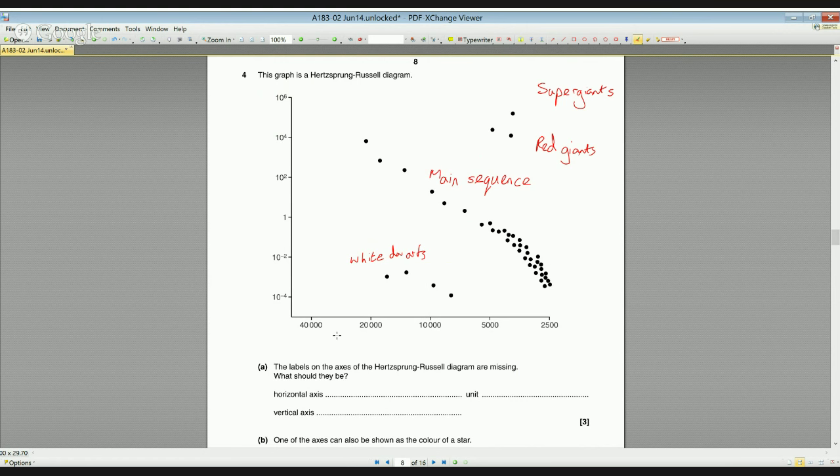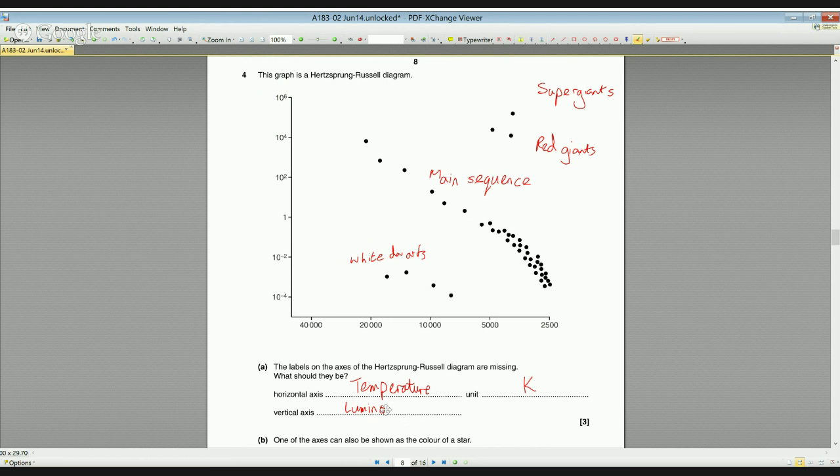Well, the horizontal axis, the x-axis here, is temperature. And it wants to know what unit we would put that in. Well, the unit of temperature here is the Kelvin. Although I believe they would have accepted degrees Celsius as well. The vertical axis, we have luminosity.